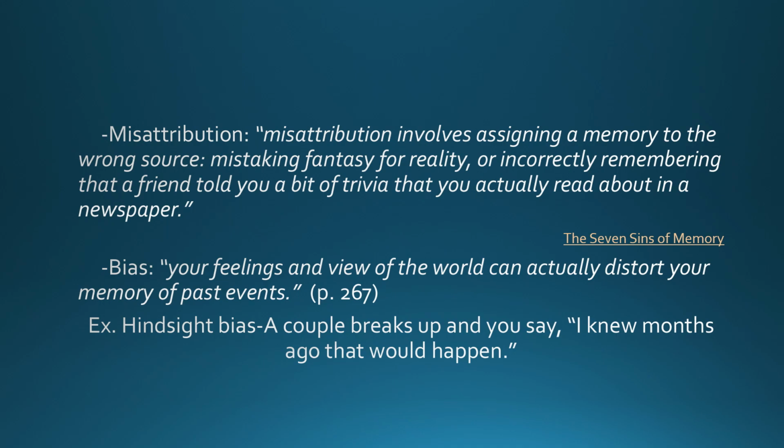Bias: your feelings and view of the world can actually distort your memory of past events. An example would be the hindsight bias, where a couple breaks up and you say, I knew months ago that would happen. You didn't really know months ago, but in hindsight, you feel like you knew that. You remember that event incorrectly.